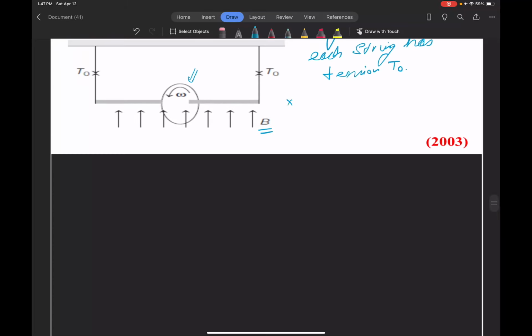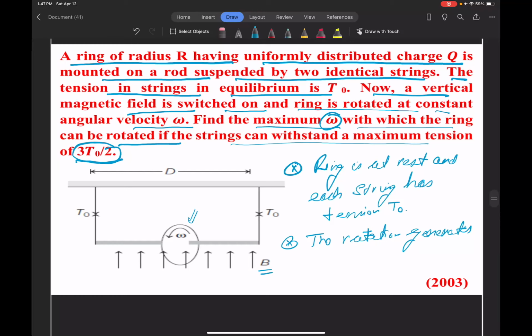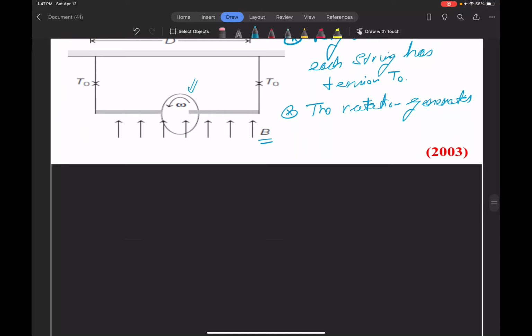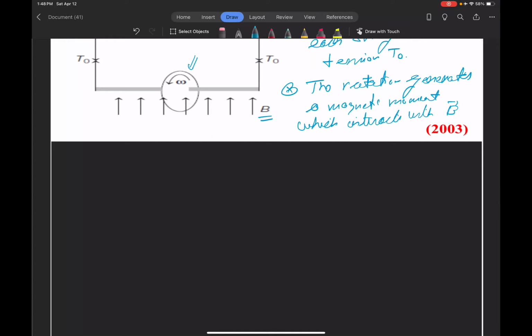So from here also we can say that the rotation, it is having a charge Q, generates a magnetic moment which interacts with the magnetic field, exerting a torque on the system.